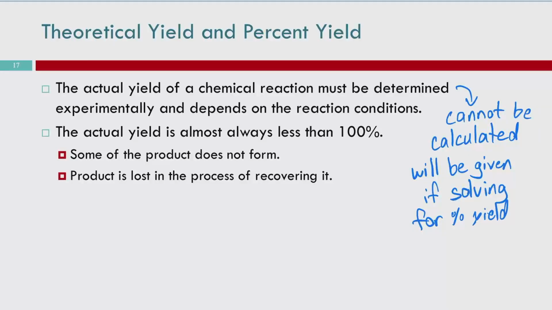Percent yield shows up on the exam. Actual yield is almost always less than 100% because some of the product doesn't form or some of it's lost when you're recovering it. It stays behind in the flask even though you washed it a billion times, you accidentally spilled some on the floor, your dog ate it, what have you.